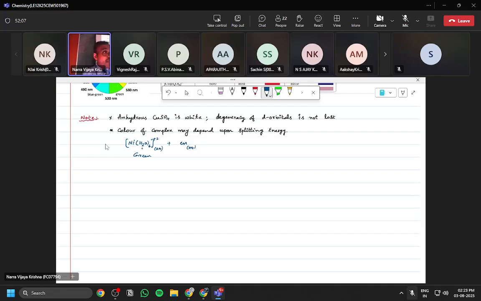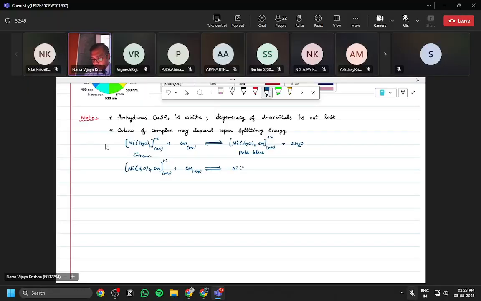This bidentate ligand will remove 2 water molecules, leading to formation of [Ni(H2O)4(en)]2+. Now its color becomes pale blue. Now this pale blue complex is allowed to react with a second mole of ethylenediamine.